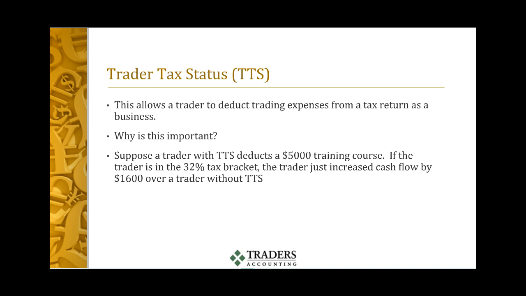So what happens is they took this $5,000 training course, and by deducting it, they get $1,600 back that they can use in investing. So they actually only paid $3,400 for the course, saved some money, and so they can reinvest that money.